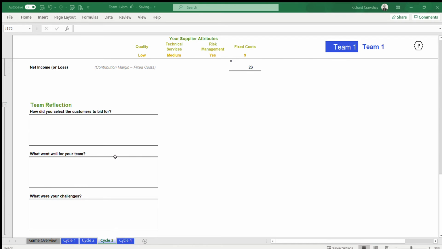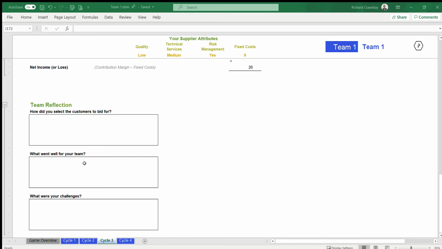They won 3 orders, and their sales revenue was 70, but their net income was only 19. But look how much money they left on the table. If they had priced more aggressively, they might have scored a net income of 32, and they would have been the outright winners. As it happens, Team 1 won because their net income is 26 compared to 19.